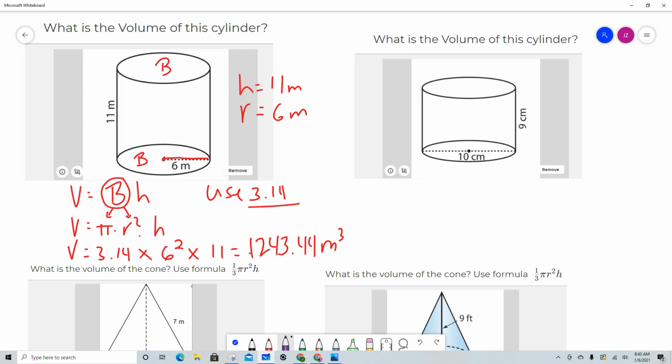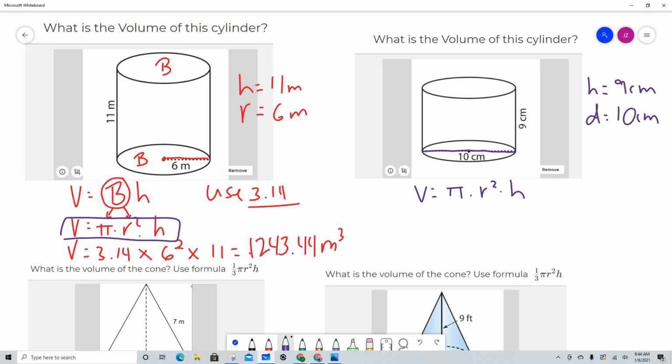Now that we know that we're using this formula, I'm going to go ahead and put that right here. Okay? And looking at our cylinder, we know that our height is 9 centimeters. When the line goes all the way across the circle, that right there is your diameter. It is 10 centimeters.